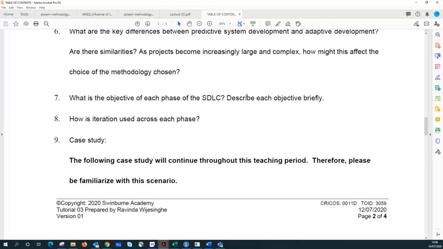So planning, analysis, design, implementation. These are the four main areas into which we can categorize these 6 core processes. If you talk about these things, you will get the full marks.